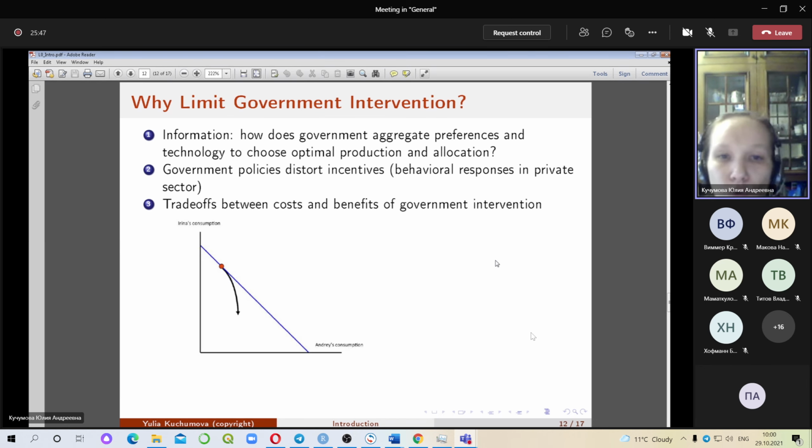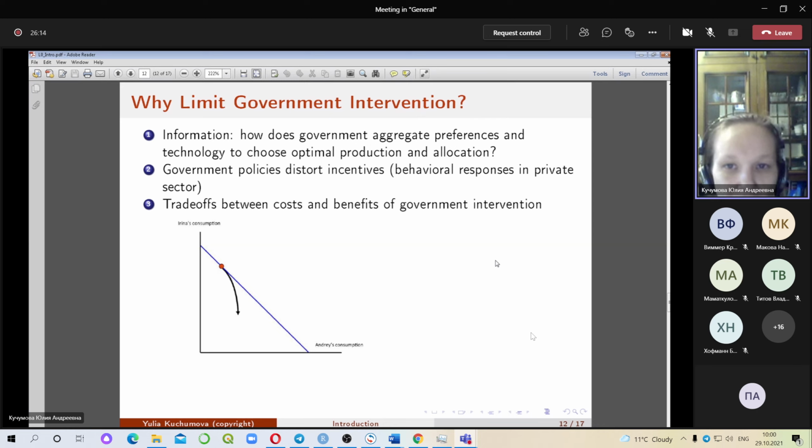However, I have to remark that the government cannot really improve redistribution without losses, because, as we already mentioned, it has imperfect instruments.